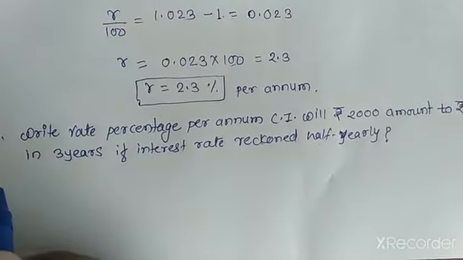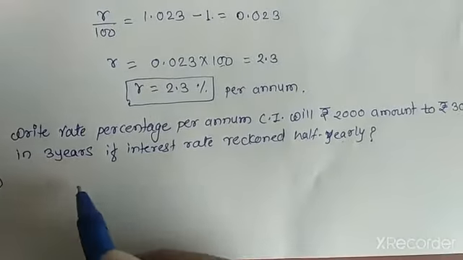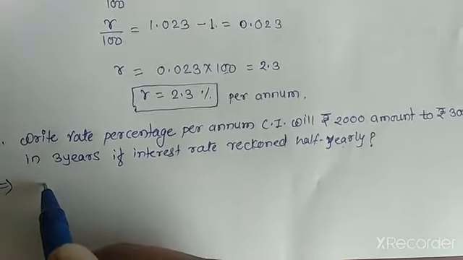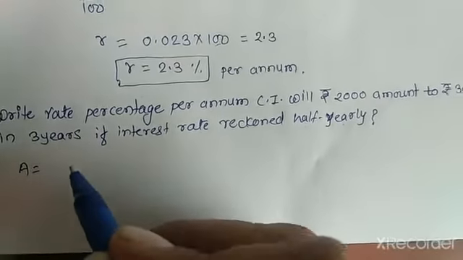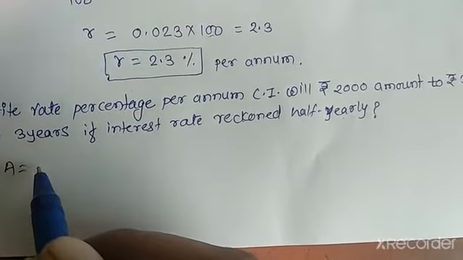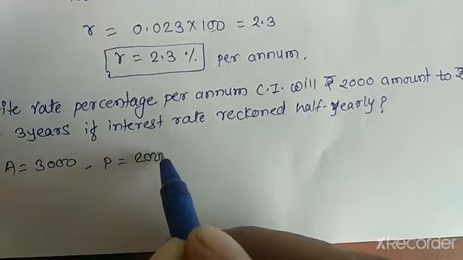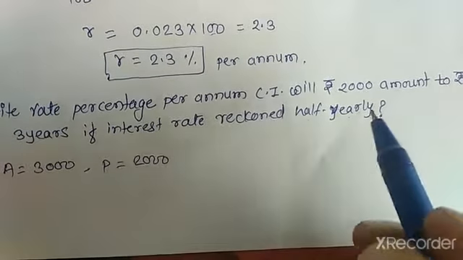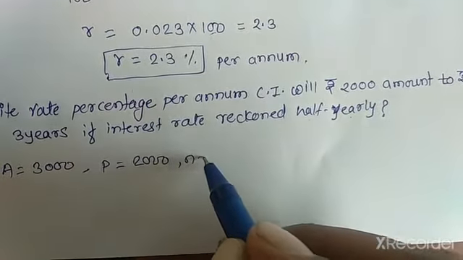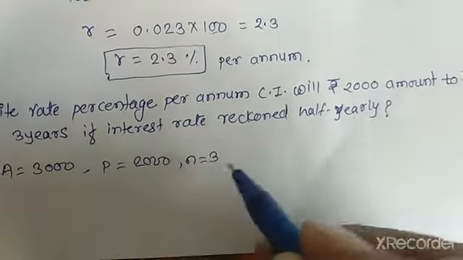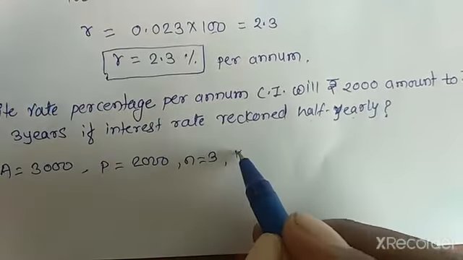So first you have to write what is given. So here amount A is equal to 3000, P is equal to 2000. Next, given N is equal to 3 years and it is half yearly, so K is equal to 2.